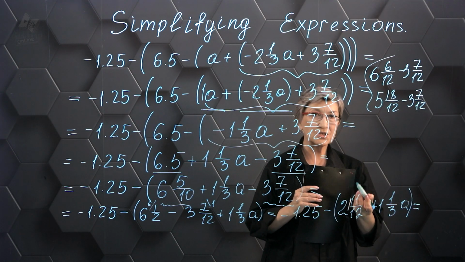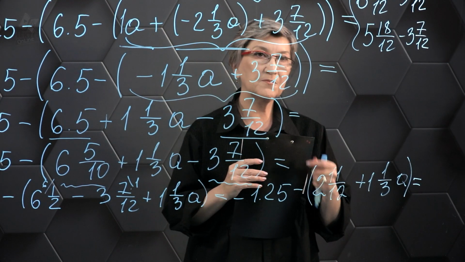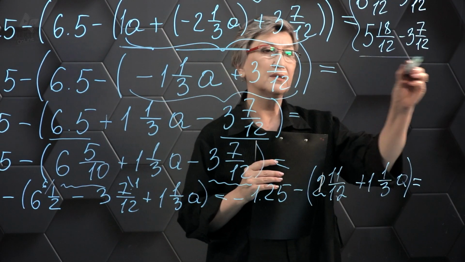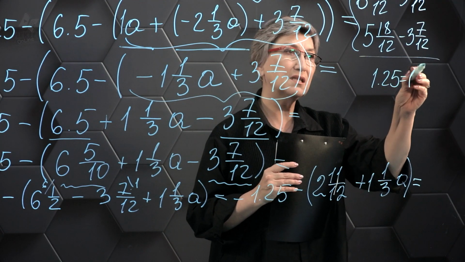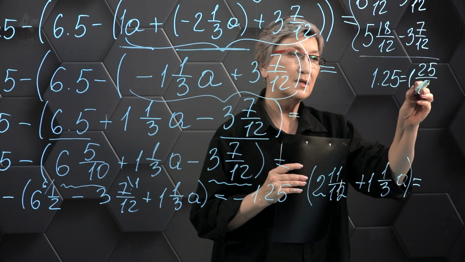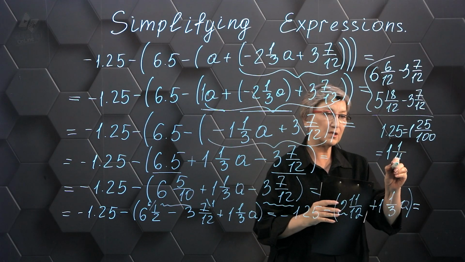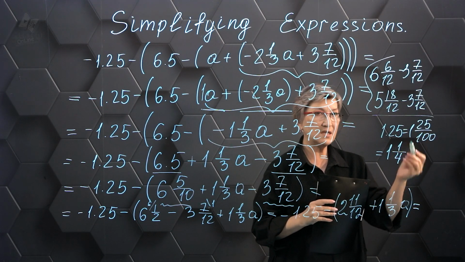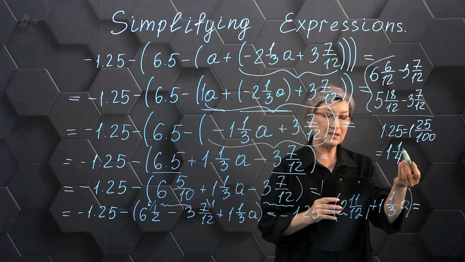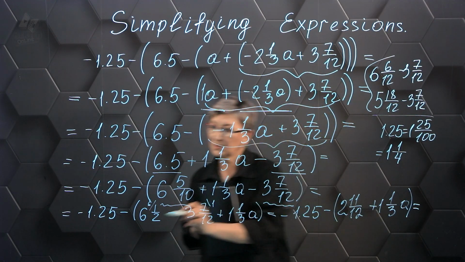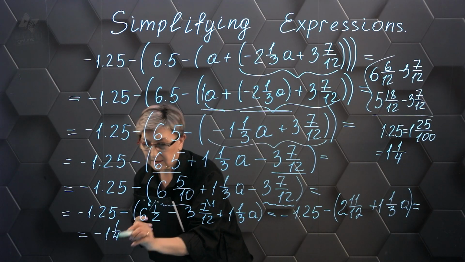Continuing with our steps, let's write 1.25 as a fractional number. 1.25, that's 1 25/100. And I can write it as 1 1/4 because I divide the numerator and denominator by 25. The result is 1 1/4. Now let's write it down. Minus 1 1/4.